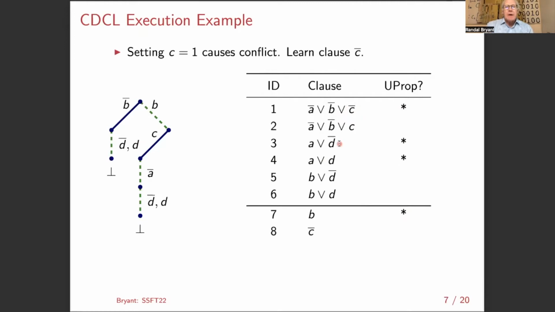And a bar will cause another unit propagation on clauses 3 and 4. I'm trying to assign it both d bar and d, so another conflict. And so now I can, again, learn a clause. In this case, it says any assignment that assigns value 0 to c is going to lead to a conflict. And therefore, I can add the clause c.